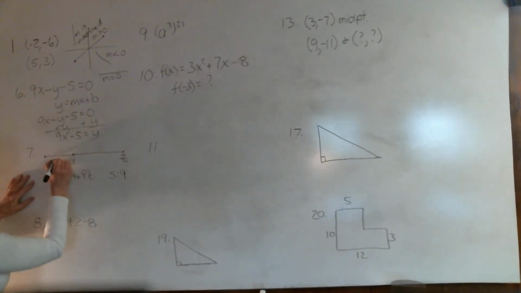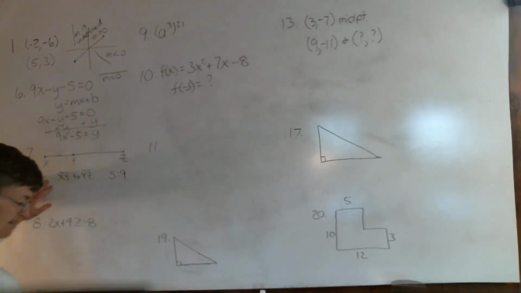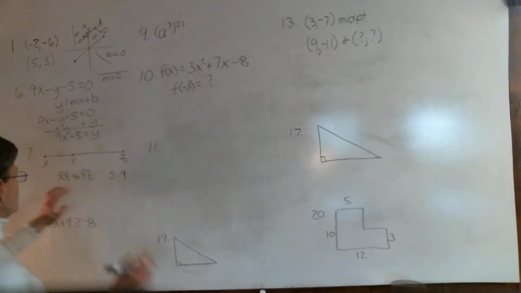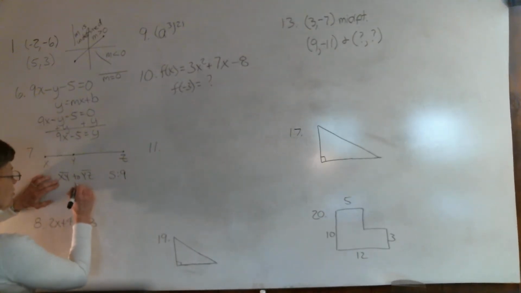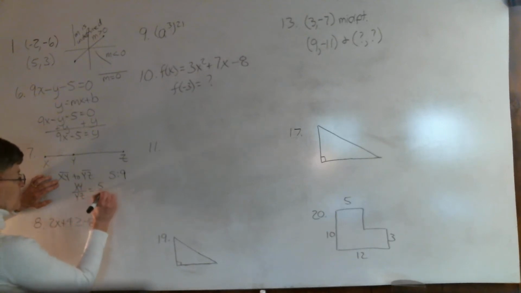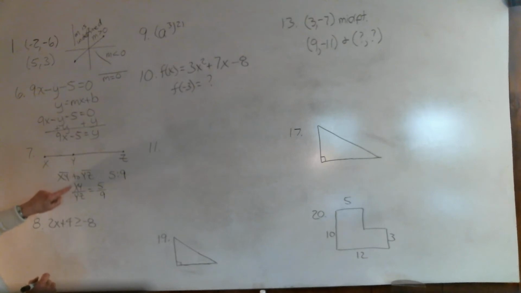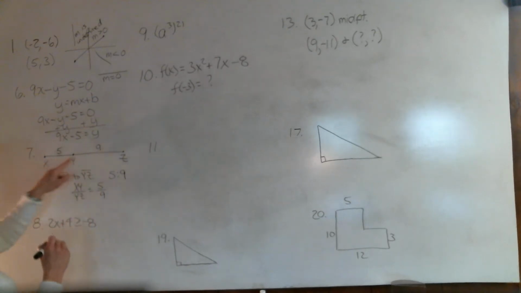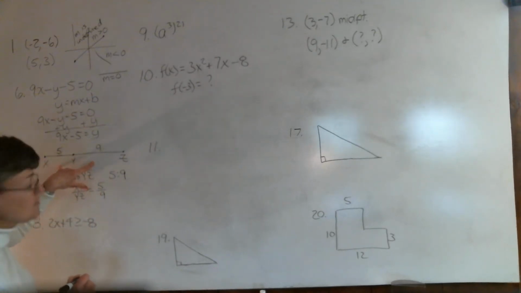Now, for number 7, he gives you a line segment and he gives you a ratio. And we said that the best way to look at this ratio is really as a fraction. And so he's giving us that xy over yz is 5 over 9. Now, I might just want to write those two numbers up here on that picture that he gives me.